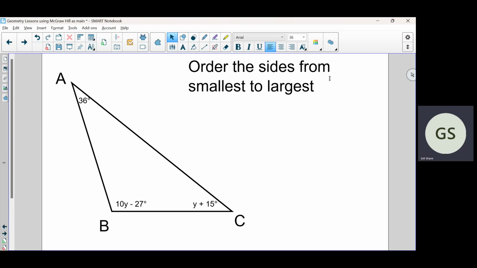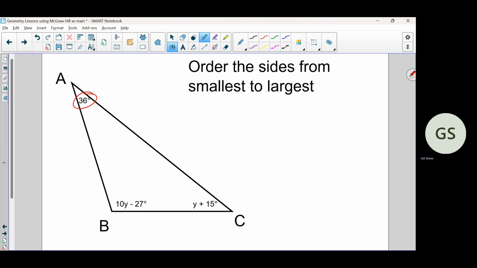It's as simple as saying the smaller the angle, the shorter the opposite side. So again, if this were the case, which again, don't count on it being the case visually, because it's not going to be the case. If that were the smallest angle, this opposite side would have to be the shortest side.